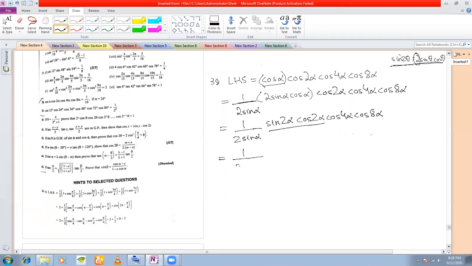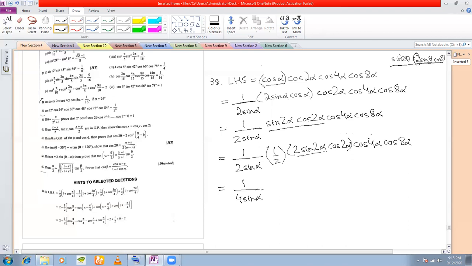So you bring a 2: 1 by 2 sine alpha cos alpha, you write as half of 2 sine 2 alpha cos 2 alpha. And this 4 alpha and 8 alpha remain as they are. Now this becomes 1 by 4 sine alpha.